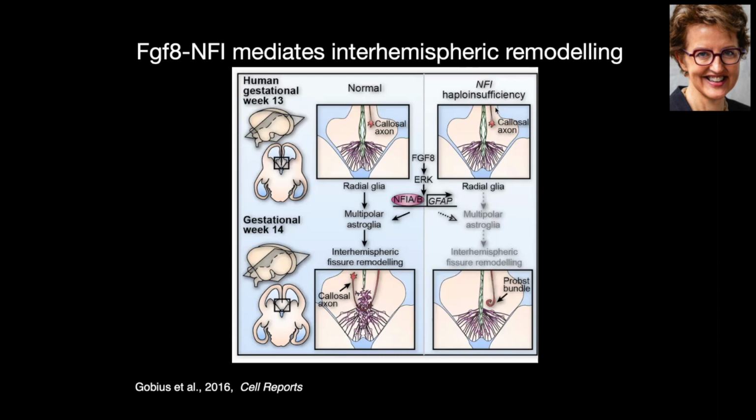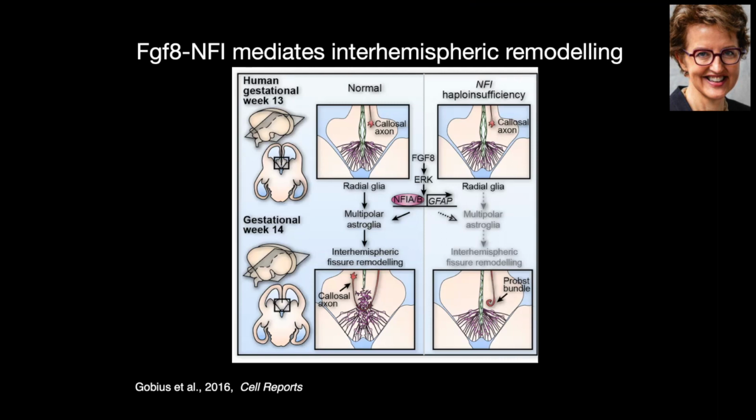And in complete agenesis, which may occur in an NF1 haploinsufficiency or a number of other genes, what we find is that these axons come down and they hit the midline and are unable to cross, and instead they form these big longitudinal bundles on either side of the midline that are known as Probst bundles.